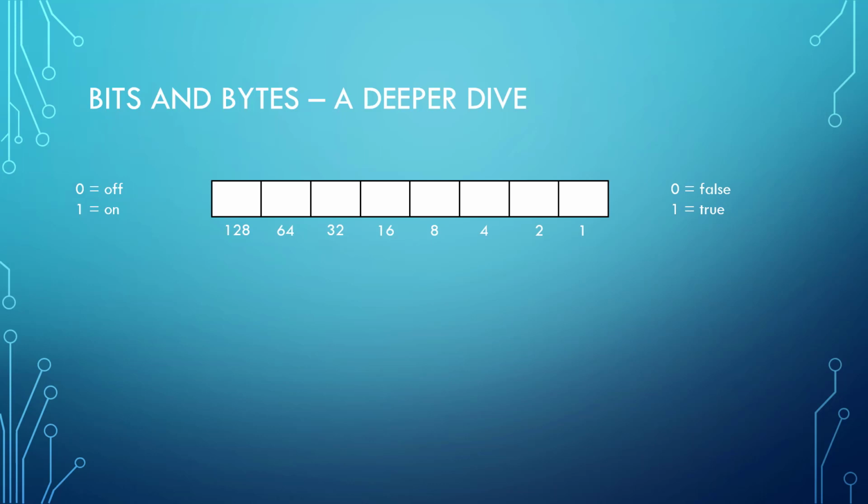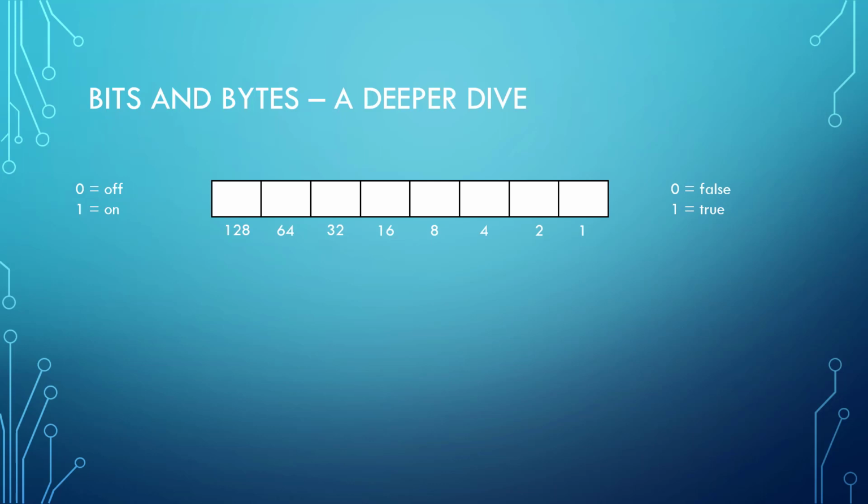So we could also state it like this. If we put a 0 binary value into a bit, it's flagged as false, meaning that if we were to ask the question, does this bit represent its decimal value, the answer would be false. No, it does not.